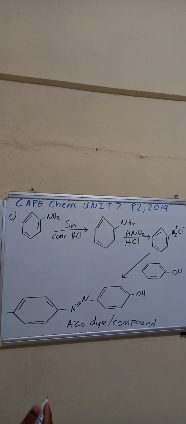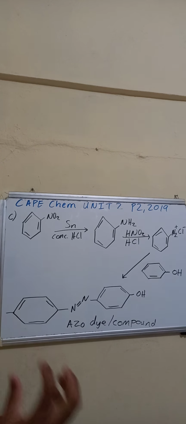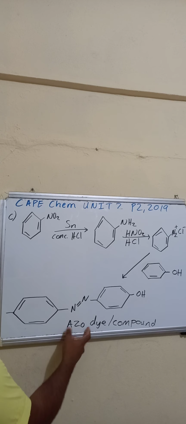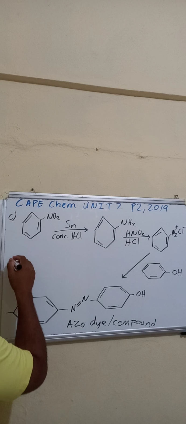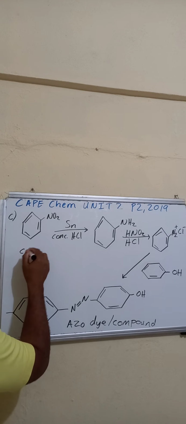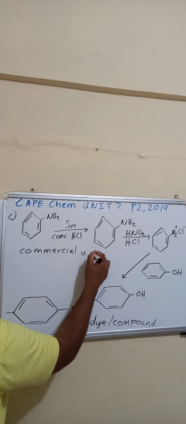Alright, so part 2 to this question, it has asked for the name of the compound. So this is the class of this compound. So it's an azo compound. And the use, its commercial use. So it asks about its commercial use.